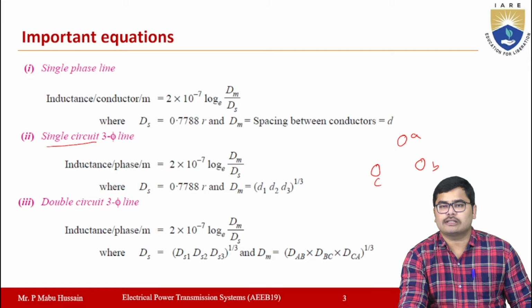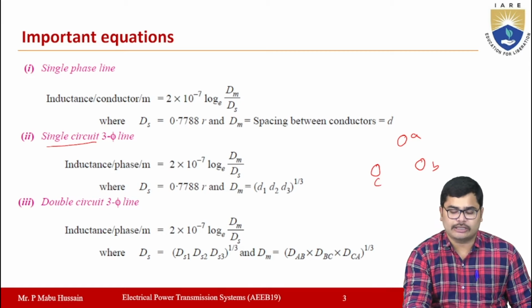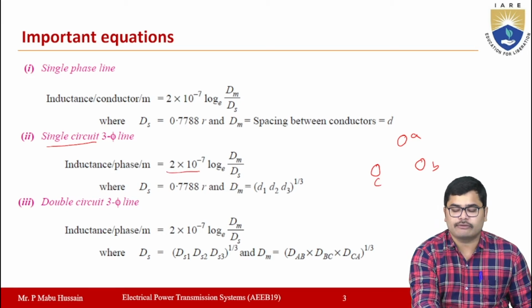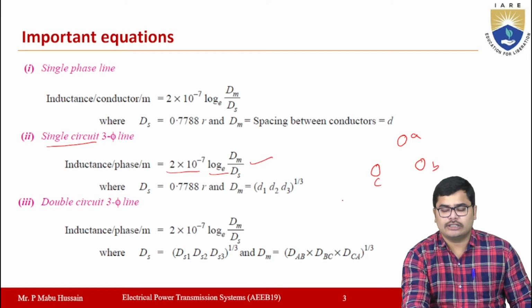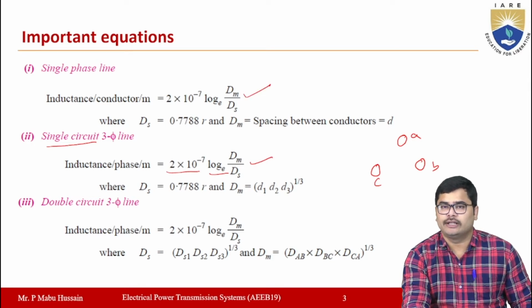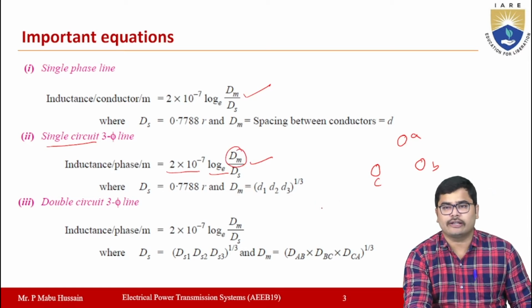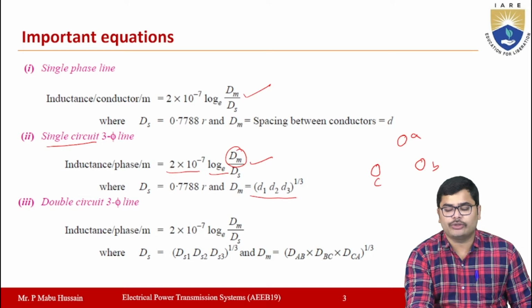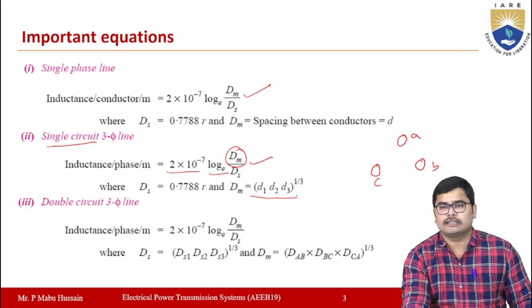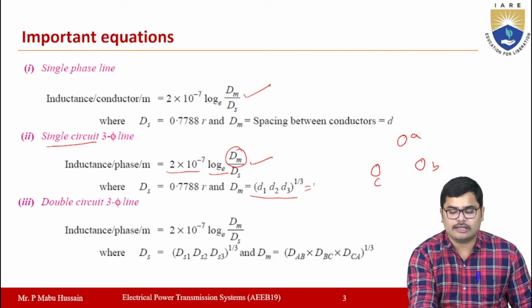For such lines, the inductance can be determined using the expression 2 × 10^-7 ln(Dm/Ds). This is the same as the first equation, but the values of Dm and Ds are different. The mutual GMD is calculated as (d1 d2 d3)^(1/3). This is the equivalent equilateral spacing, also called D equivalent.